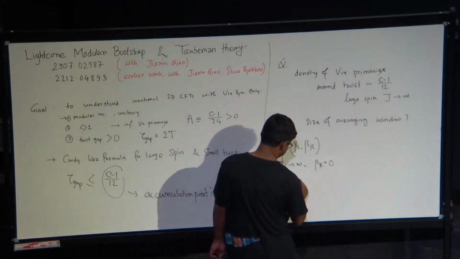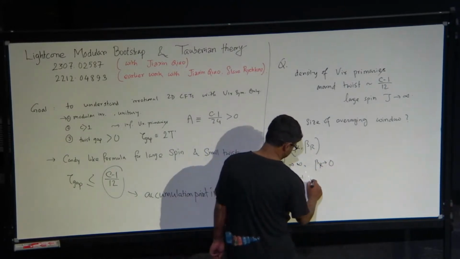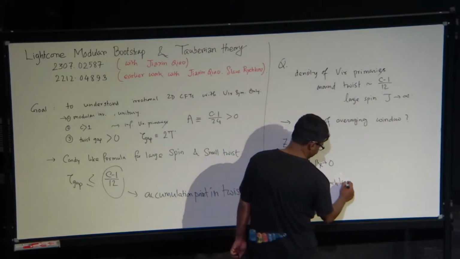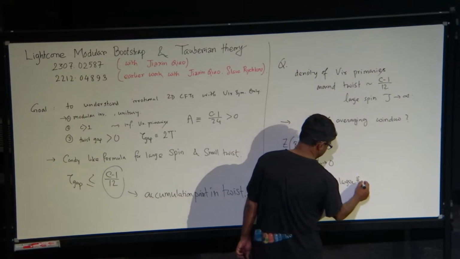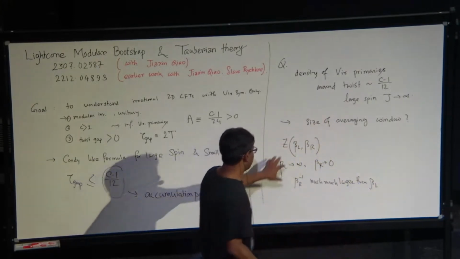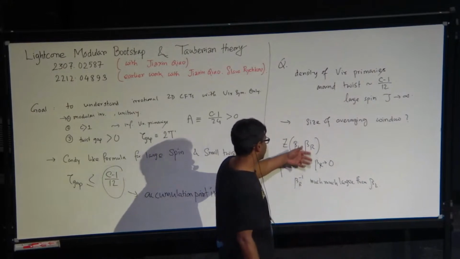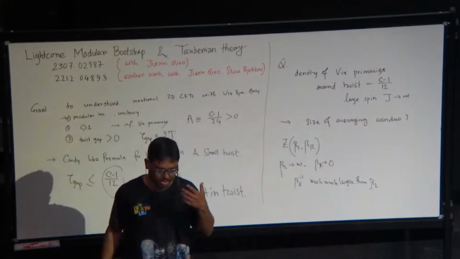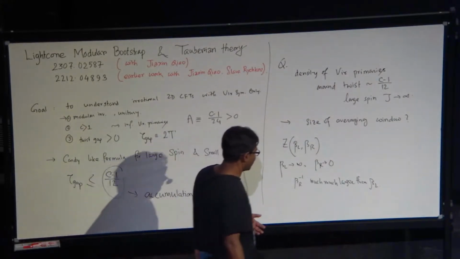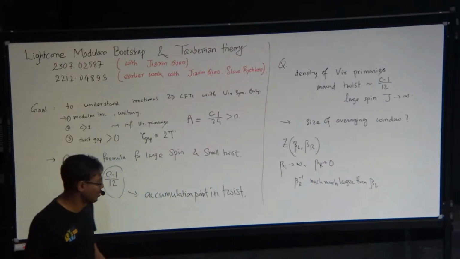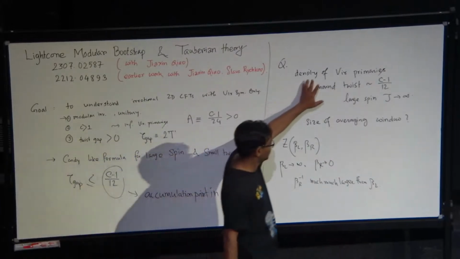You also make sure that beta R inverse is much, much larger than beta L. Once you assume this, you can show that in the dual channel this is dominated by the vacuum. Then the naive argument goes like, you take the vacuum, you do an inverse Laplace transform, and that gives you a density of Virasoro primaries.